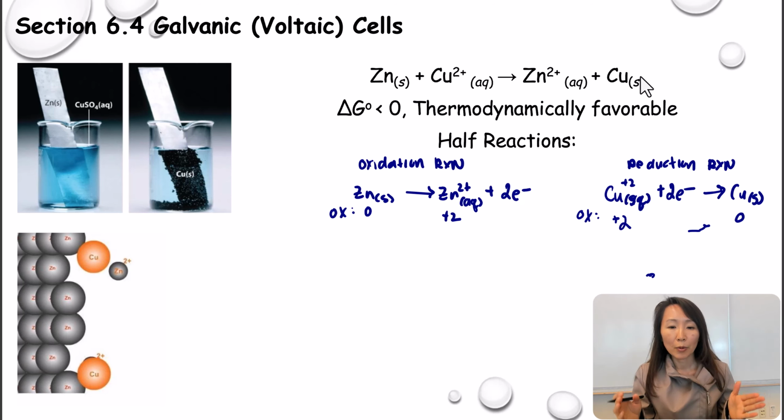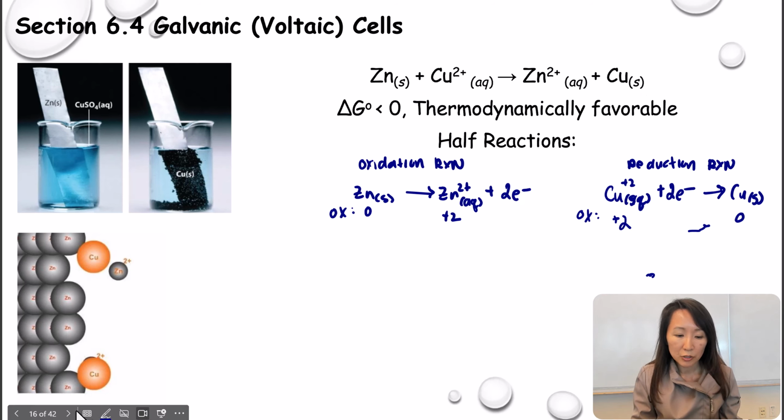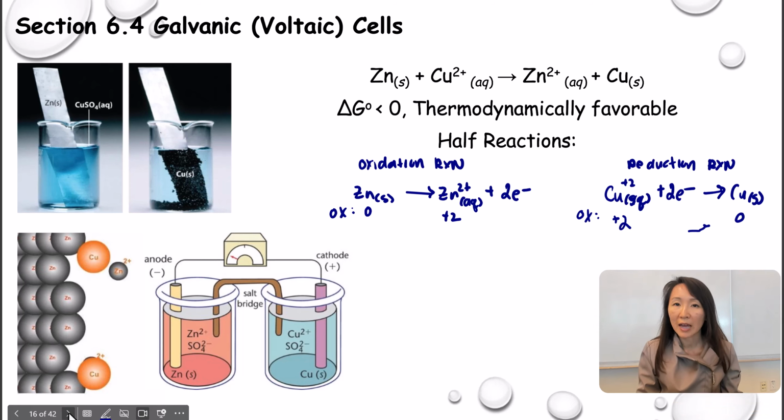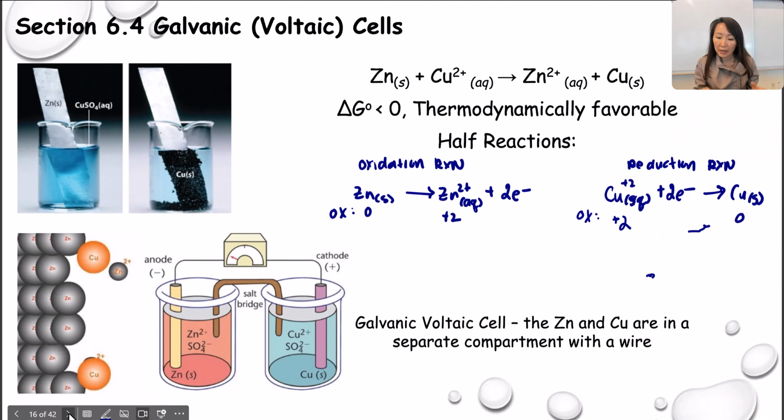Now, why is this important? How does this relate to galvanic or voltaic cells? Well, let me show you an image of a voltaic cell, and it looks like this. In a galvanic voltaic cell, the zinc and the copper are in separate components, in separate cells. Over here, the image shows that it's in the same cell.